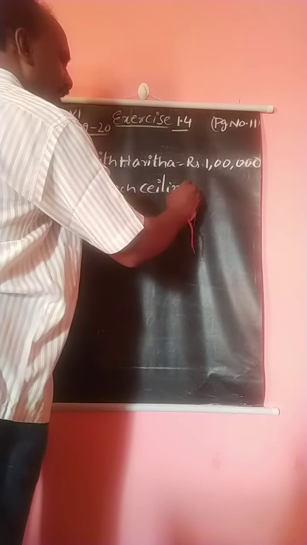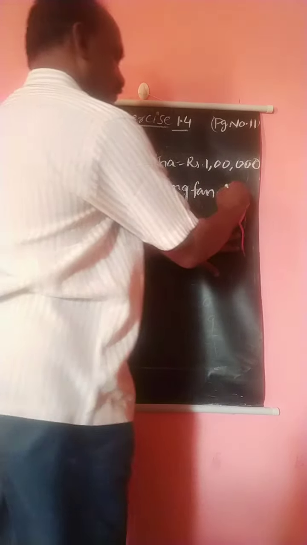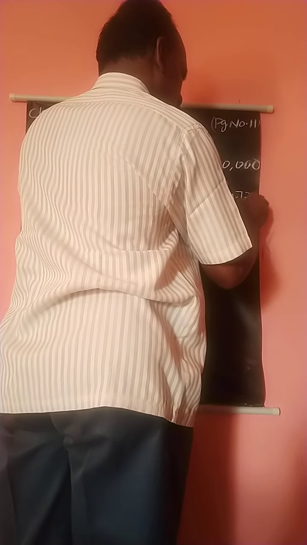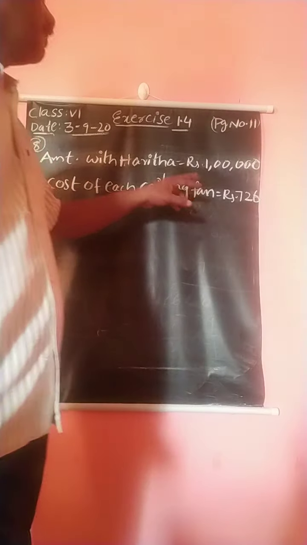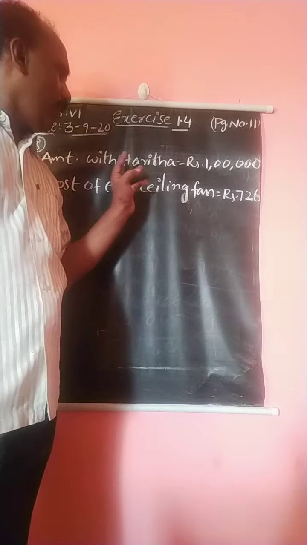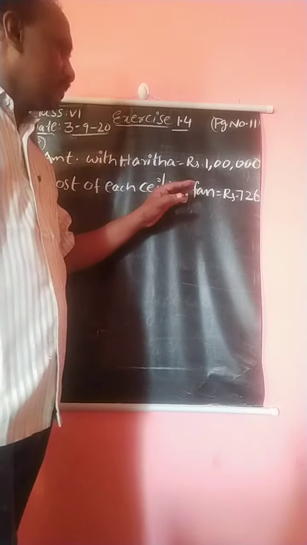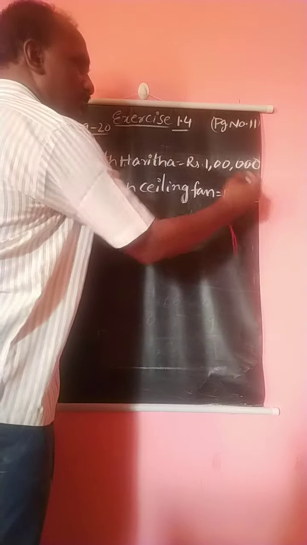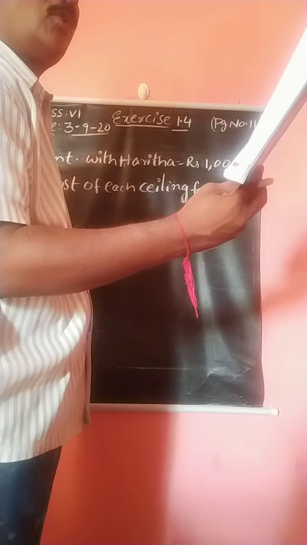Each ceiling fan is 726 rupees. Initially she has 1 lakh. She wants to buy some fans, and each ceiling fan is 726 rupees. How many fans does she want to buy?